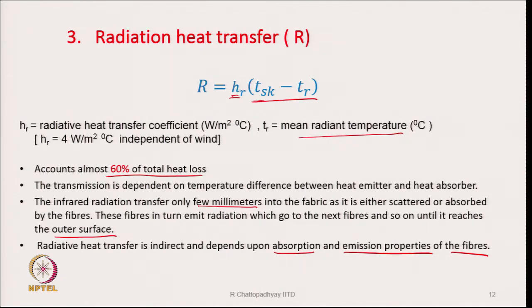So, we need to know the emission properties of different fibers, and therefore, we can intelligently use fiber for developing a clothing which will protect the human body, let us say, against a very cold environment.